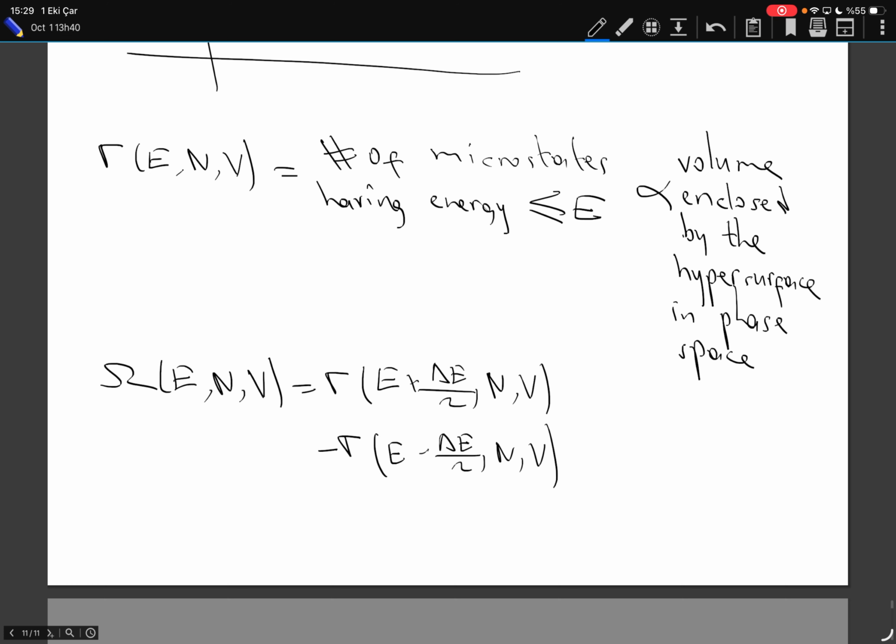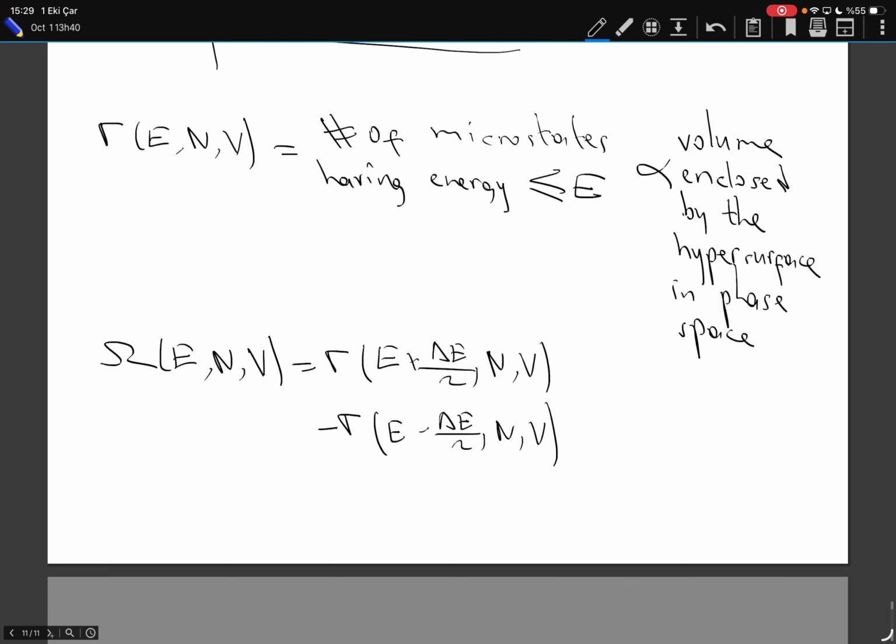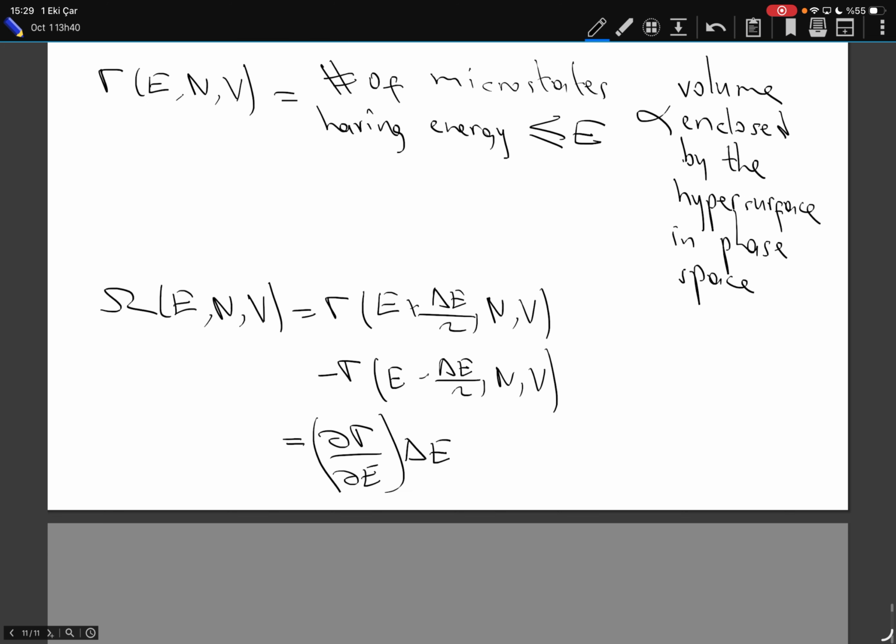There is always some interaction with the environment, so there will always be some uncertainty in the energy. So this is somewhat more precise. This will be the volume of a shell, not the surface area, but the volume of a shell, which will be del gamma by del E times delta E, approximately. So if I calculate gamma, I can obtain omega by taking the derivative with respect to E and multiplying by delta E.